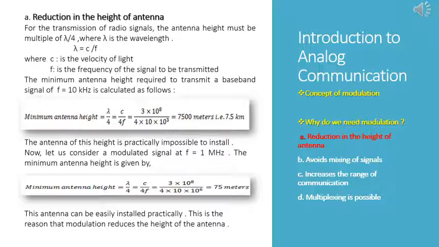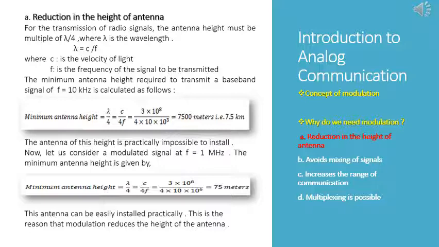So we need modulation. How can we make the size of the antenna small? Say we are transmitting a carrier signal with this baseband signal, and this carrier signal has a frequency of 1 megahertz, which is 1 into 10 to the power 6 hertz.